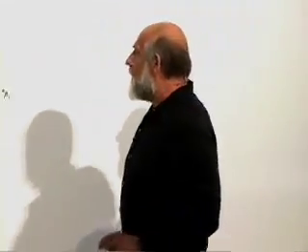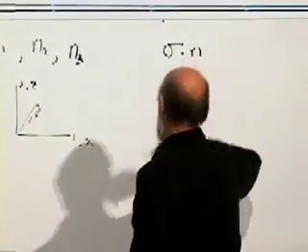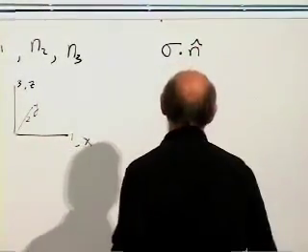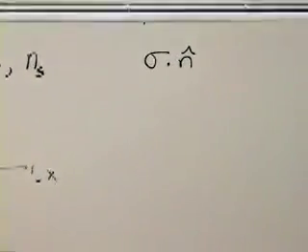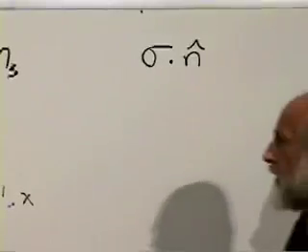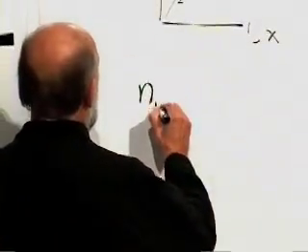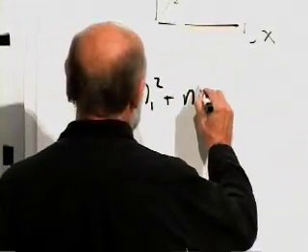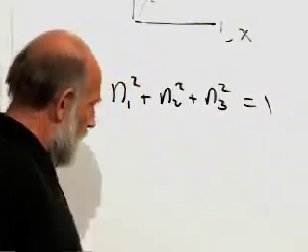If we're interested in the component of sigma along the arbitrary axis n, then what we're interested in is the dot product of sigma with n. To indicate a unit vector, it's conventional to put a little hat on top of it. If it's a unit vector, then n1 squared plus n2 squared plus n3 squared is equal to 1.